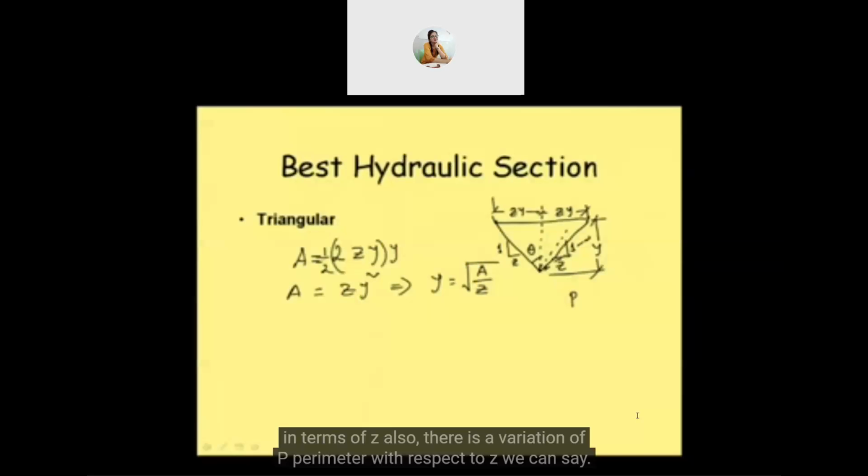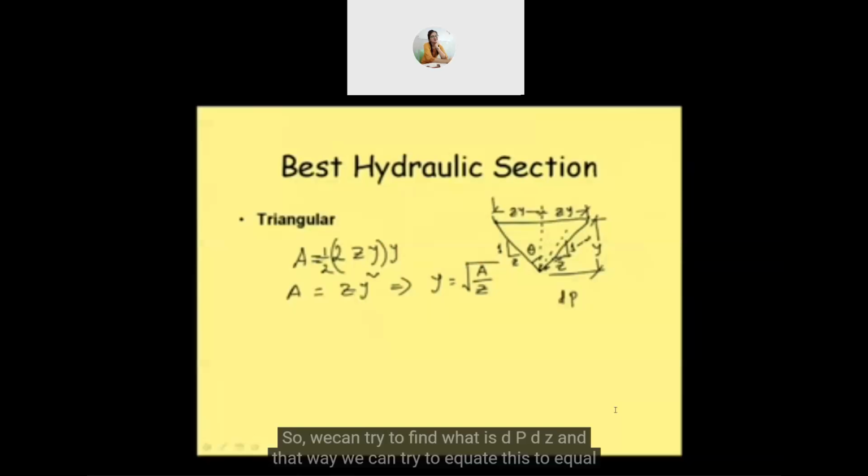Well, so we can see that when P will be minimum, there is a variation of perimeter P with respect to z also. So we can try to find dP by dz, and equate this to 0.